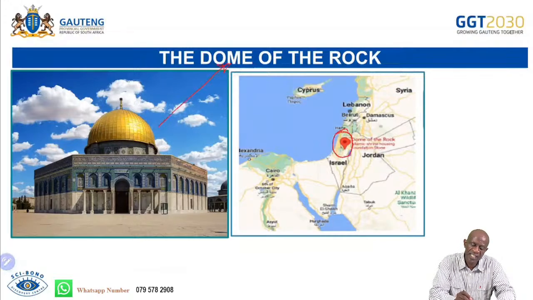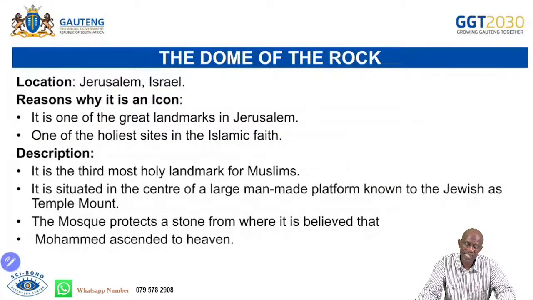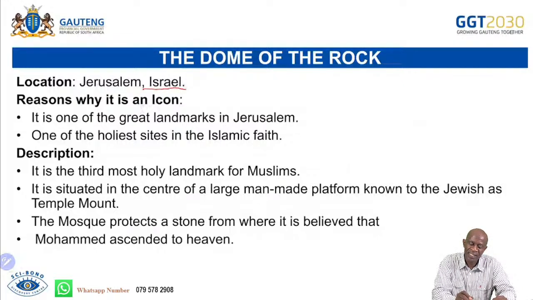As you can see, there is a dome on top of the structure. And as we further explain the structure, we'll look into its location. It is situated in Jerusalem. Jerusalem is in Israel, and one historical characteristic of Jerusalem is that Jesus Christ was born in this city.